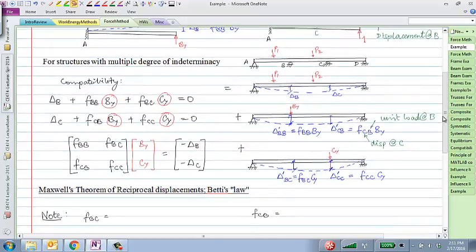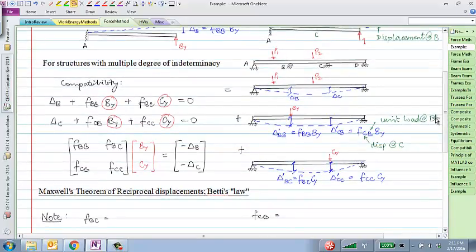But you might think that, to calculate each one of these flexibilities, we are really going to have to apply a load at B, calculate the displacement here, calculate the displacement here. Similarly, apply a load at C, calculate displacement at these two. And if there were really a million degrees of indeterminacy, then you would have to apply a load at each point, measure the displacement at a million other points, which would be very cumbersome.